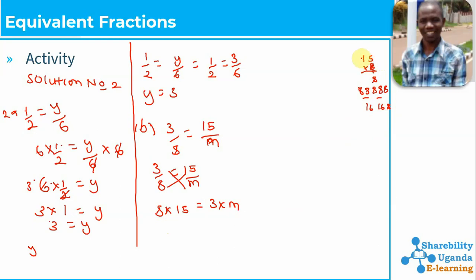I will say 8 times what? 8 times 1, we get 8, plus 3, we get 11. This is 100 and what? 118 is going to be equal to our 3m. So this is where we are.